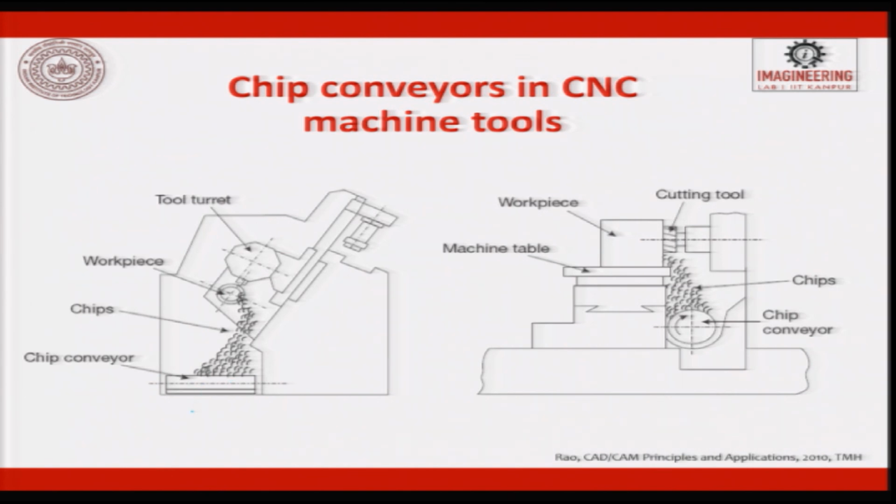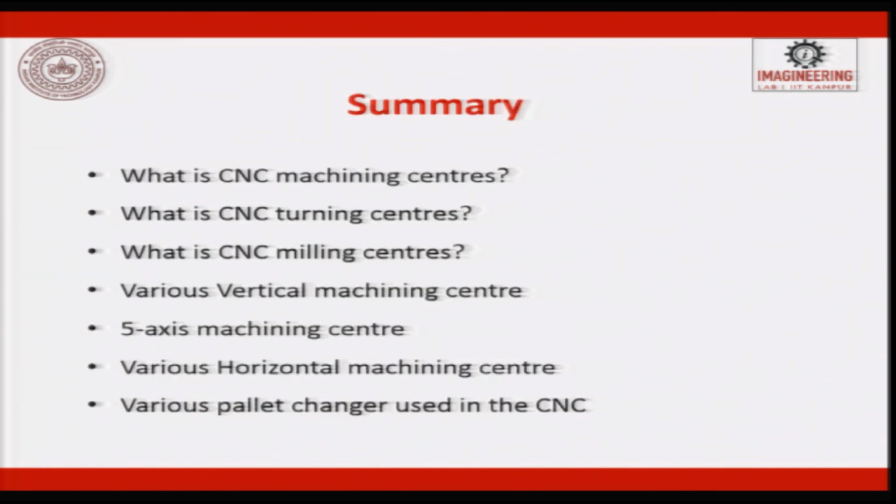The chips are thrown out into another conveyor. So, it is always kept clean. It can either be like this or it can be like this. So, this is slant, this is vertical. The conveyor can be moving like this, or there can be a drum which rotates and keeps throwing down, and then the chips can be accumulated into a bin.